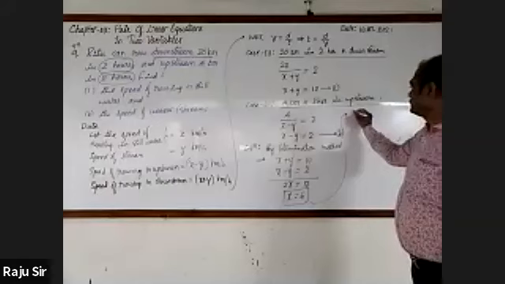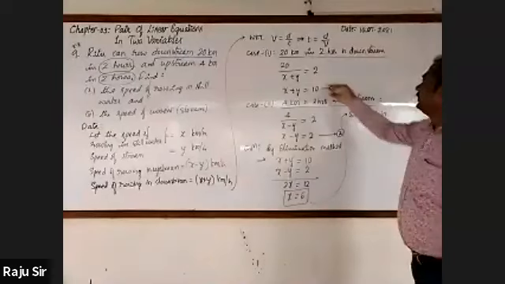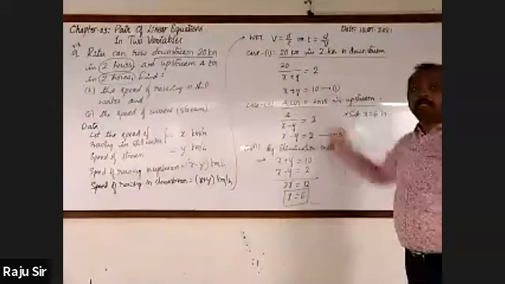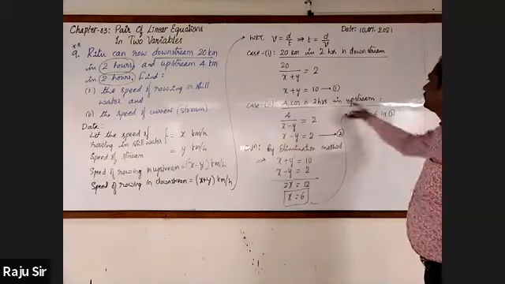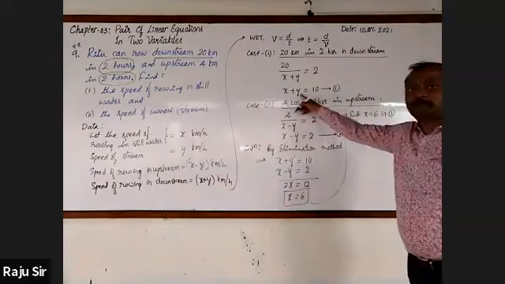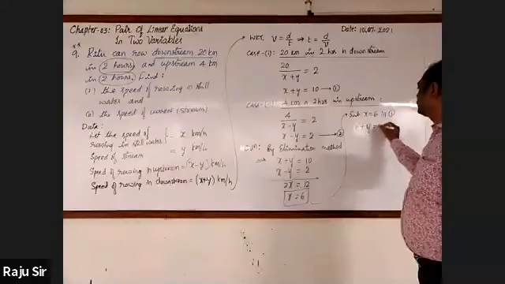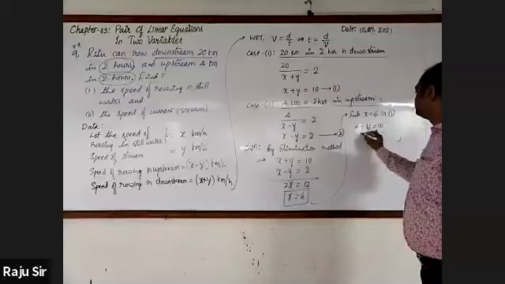Then substitute x equal to 6 in any one of the two equations. I take the first equation: x plus y equal to 10. It can be written as 6 plus y is equal to 10. Then y is equal to 10 minus 6, equal to 4.